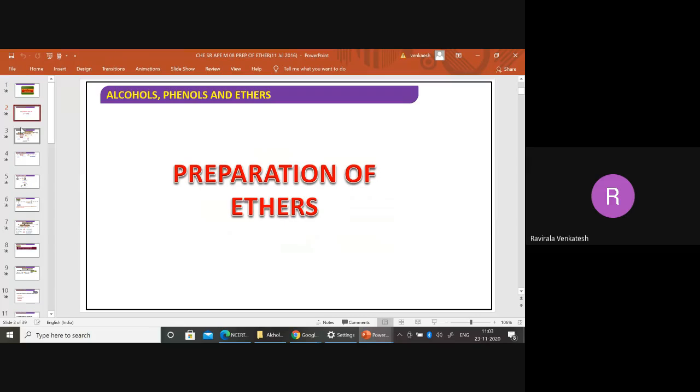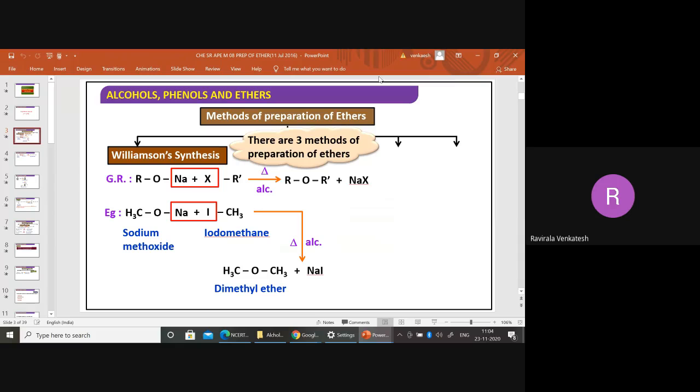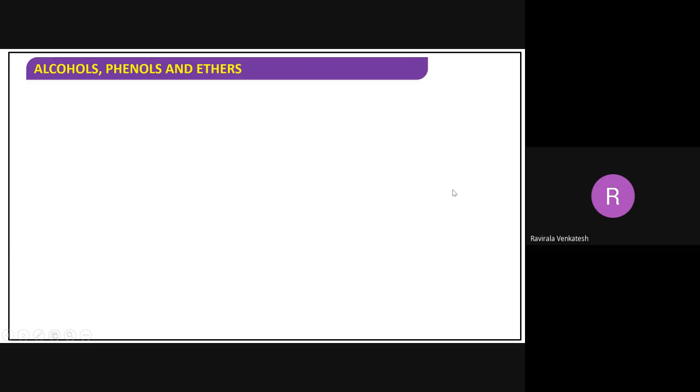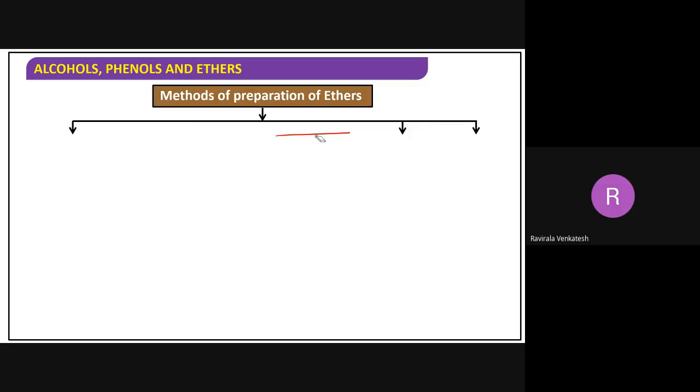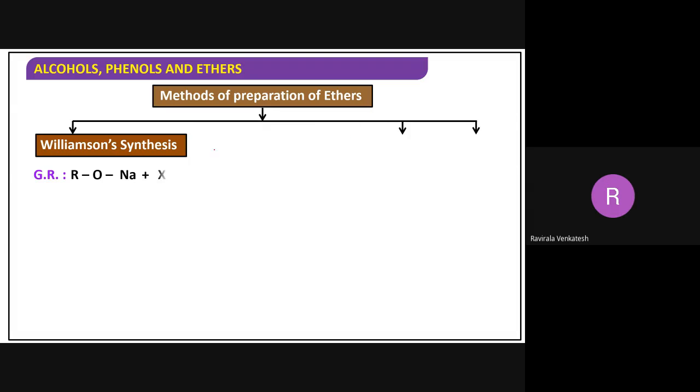Just open that textbook, all of you. There are generally three methods for preparation of ethers. The first preparation method is the Williamson synthesis reaction.